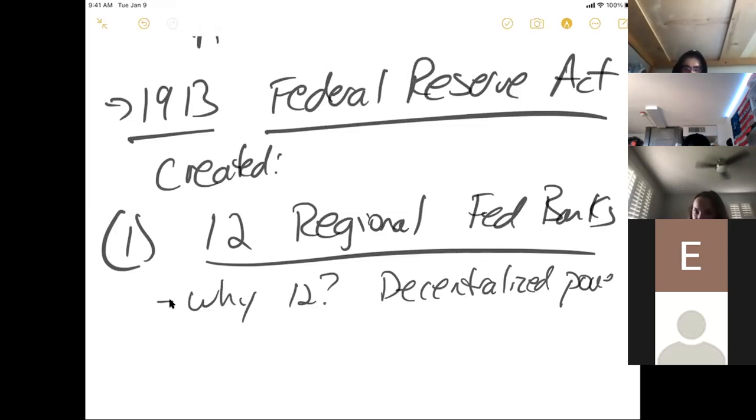Why in the world did it create 12 banks? To decentralize power. Okay, it goes right back to what I was talking about a minute ago, that there was a real fear of centralized power. And so to get this act to pass, the agreement was, well, if we're afraid of one big central bank, let's just have 12 central banks.